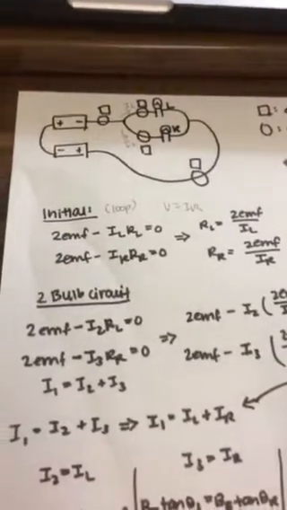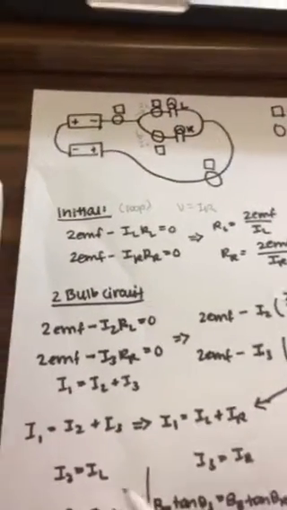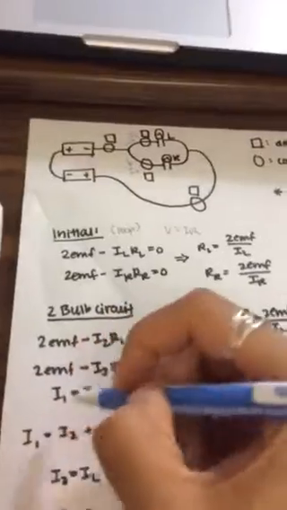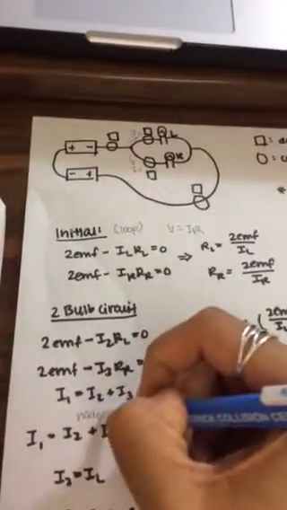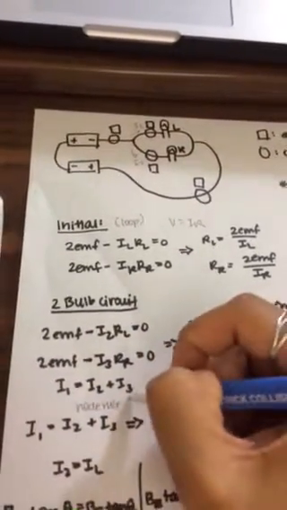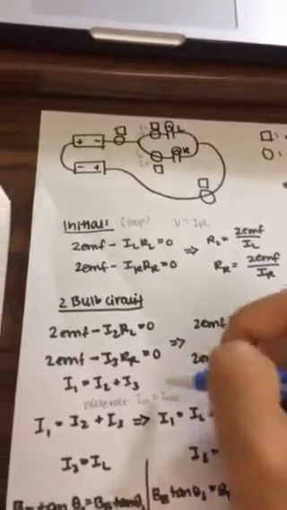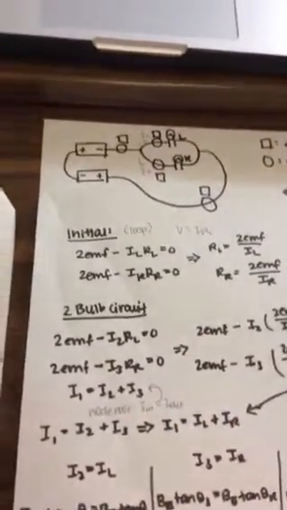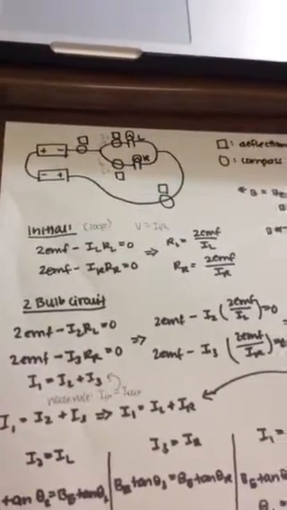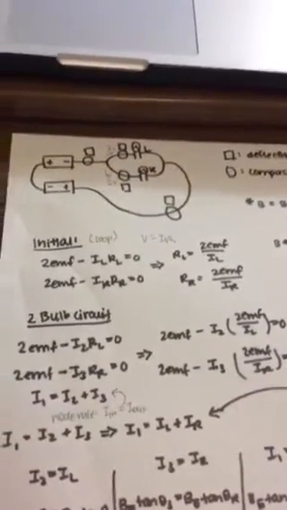And then you know that I1, based on the node rule, the current in is equal to the current out. That's how you get this, where I1 is equal to I2 plus I3.